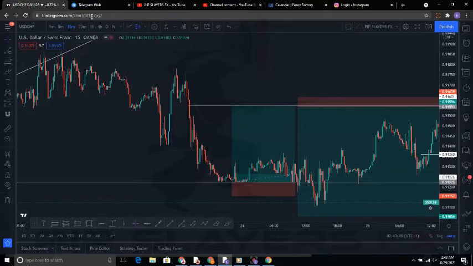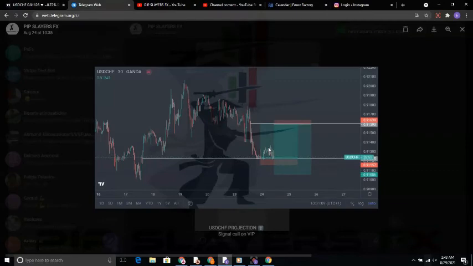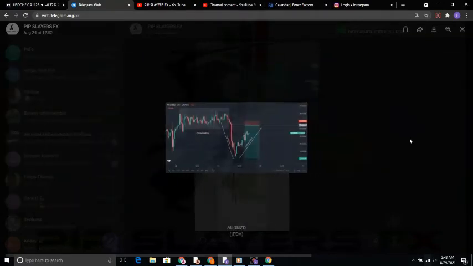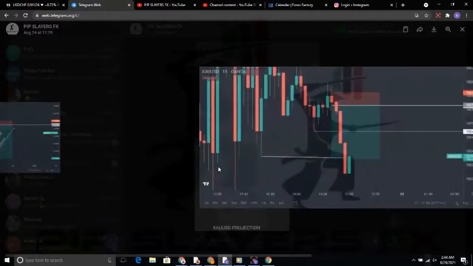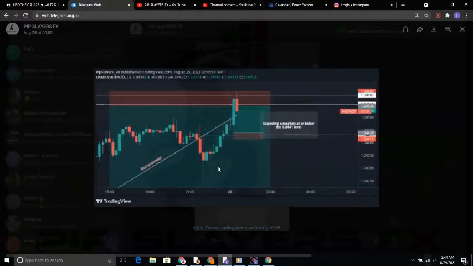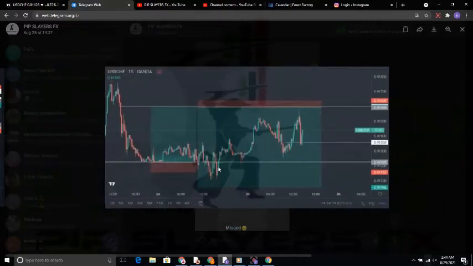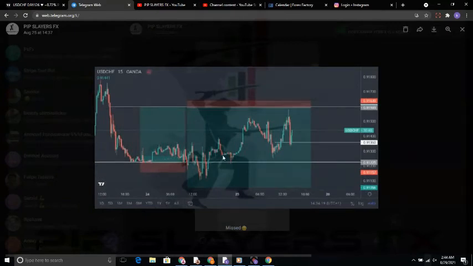I also shared this was the buy trade that we entered, and trying to get the other one. So I anticipated another move down.